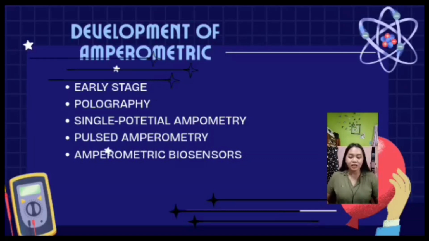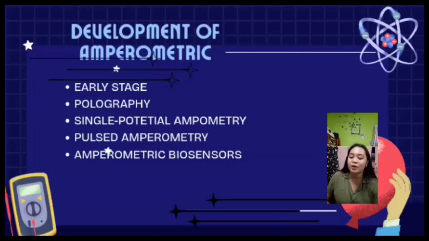Third one is single potential amperometry. This method involved applying a constant voltage between two electrodes and measuring the current. It was used for detecting electrochemically active ions like cyanide, sulfide, and iodide. Fourth one is pulse amperometry. To address the issue of electrode fouling, pulse amperometry was developed.